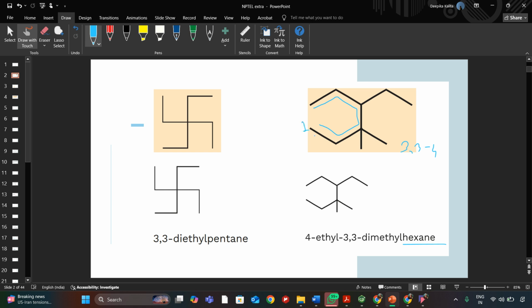Hence, the name will be 4-ethyl. Ethyl will come first because of the alphabetical order. 4-ethyl-3,3-dimethyl hexane. Hence, this will be the IUPAC nomenclature of the molecule. I hope this is clear to you now.